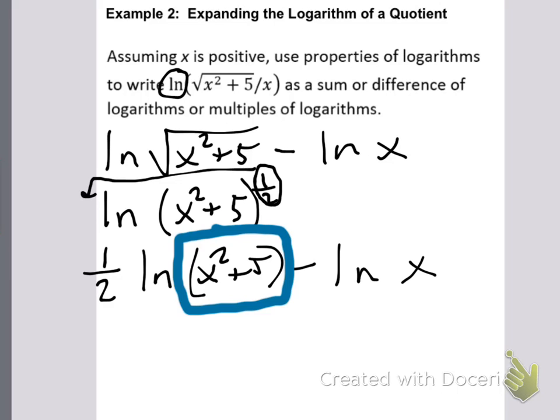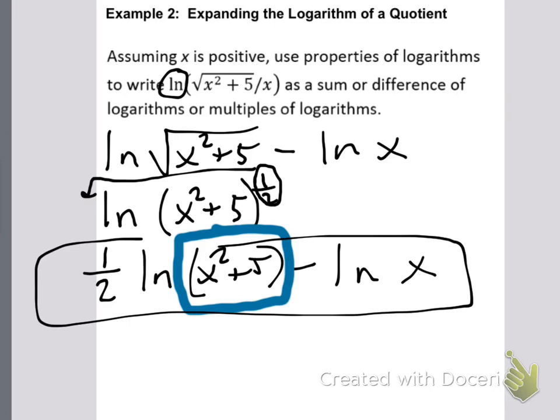Okay, you cannot expand that because it's an addition inside. If this was 5x squared, then yes, you could pull it apart and do the adding and all that. But x squared plus 5 in the log stays right where it is. There's nothing to do with it. You're done with it. So this is your final answer.